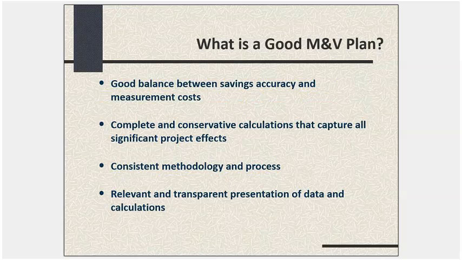We touched on it already, but the first bullet: a good balance between savings accuracy and measurement cost. Generally complete and relatively conservative calculations that capture all the significant project effects on utility consumption. A consistent method and process that allows the third party to come in and look at it and say, if I followed the same method and followed the same process and collected this data, I would come up with very similar results.